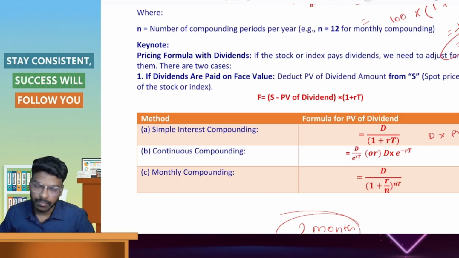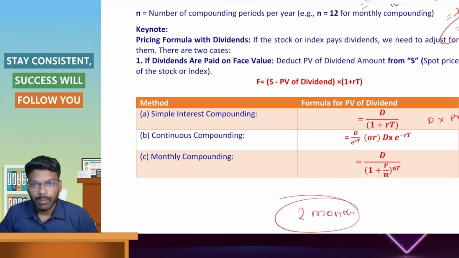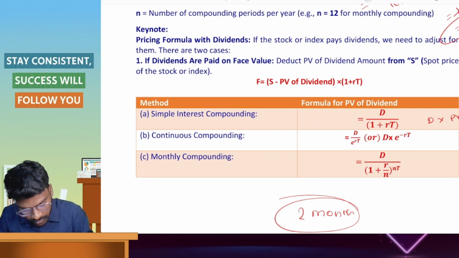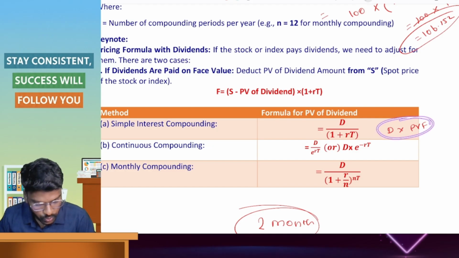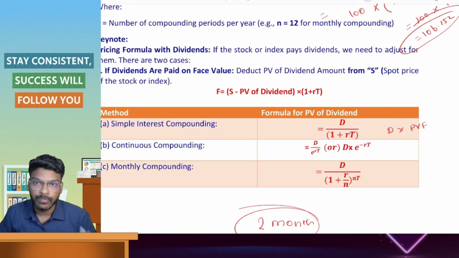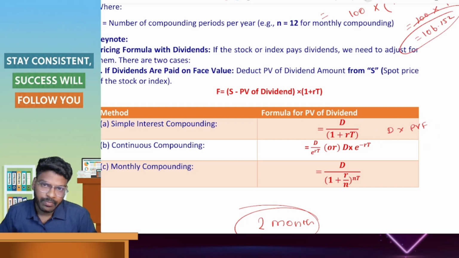So to compute the present value of dividend, what formula do we need to use? In case of simple interest, we will use 1 plus RT. The dividend is divided by 1 plus RT, or it can be computed using the present value factor, if the present value factor is given in the question. That is the easy part.